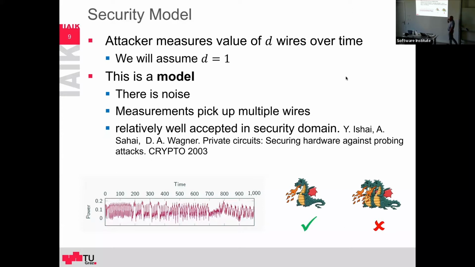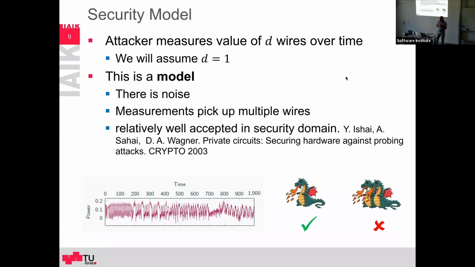So first of all, in real life, you cannot measure the value of the wire. You put a probe and you will get some signal, and there will be some correlation with the value of the wire, but there will be lots of noise. So the attacker may be a little bit weaker.